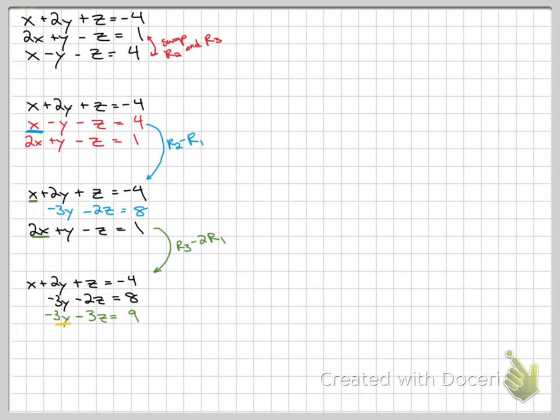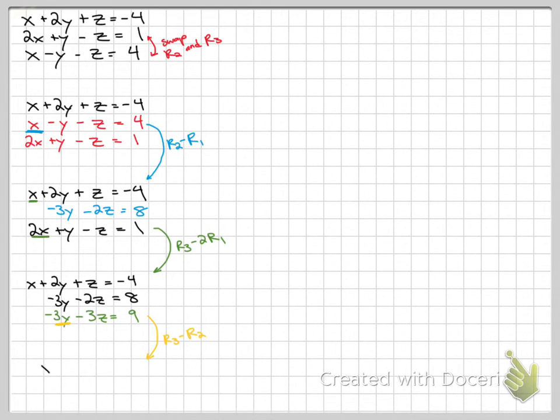So I need my y's to cross out in row 3. So we want to use row 2, otherwise I'll be having x's back in the equation. And I'm changing row 3, so I'm going to put my arrow on row 3. If I do row 3 minus row 2, because they're opposite, I need them to be opposite, then my y should cross out. Pause the video and see if you get what I get.